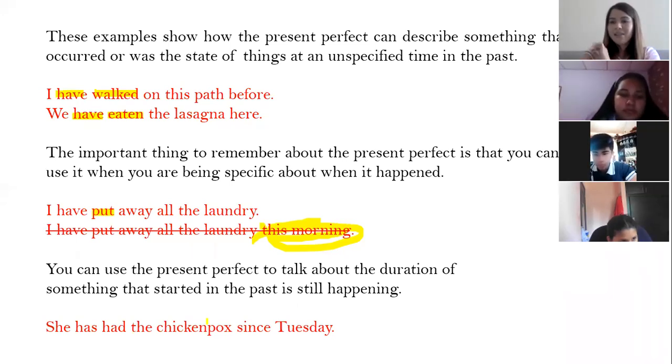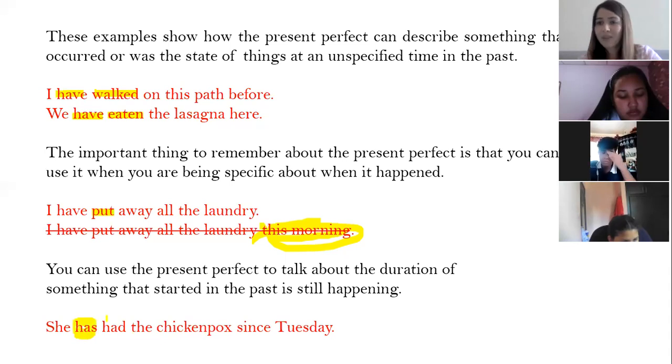It's an illness with red spots over your skin. I don't know how it says in Panama. Lechina, viruela. Varicela. Varicela. Thank you. Desde el martes. Ella ha tenido, para decir ella ha tenido, él ha tenido, utilizamos she has had. She, tercera persona, has, porque utilizamos has con tercera persona, y had, que sería en este caso el participio. ¿Sabían eso?